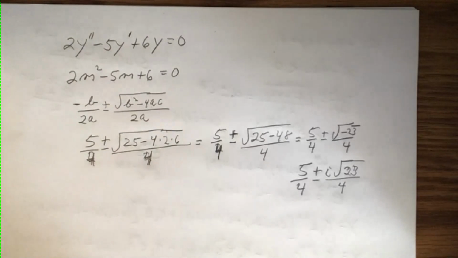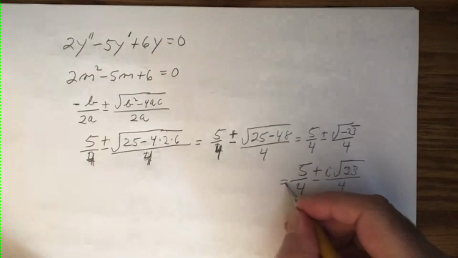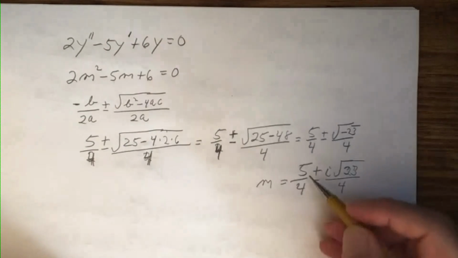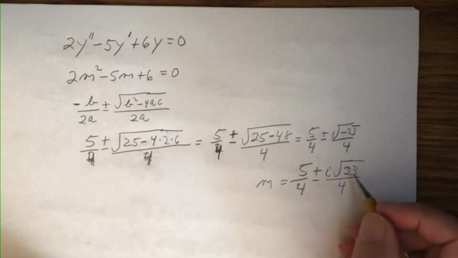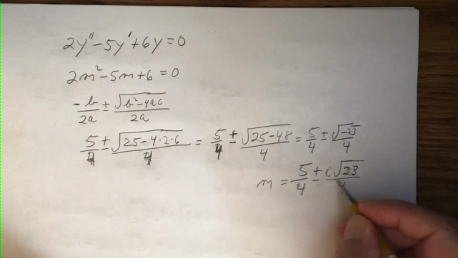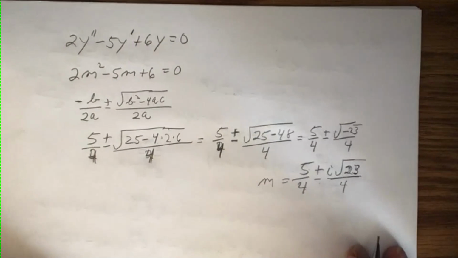Okay, so these are my roots for m, right? 5 over 4 plus or minus i times the square root of 23 over 4.